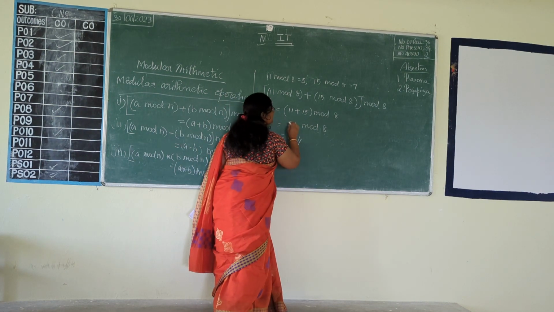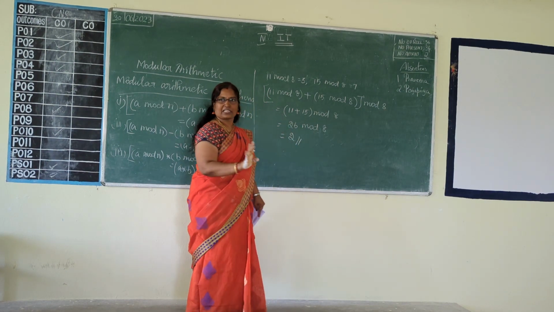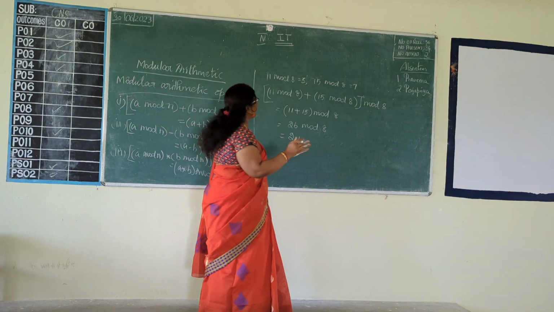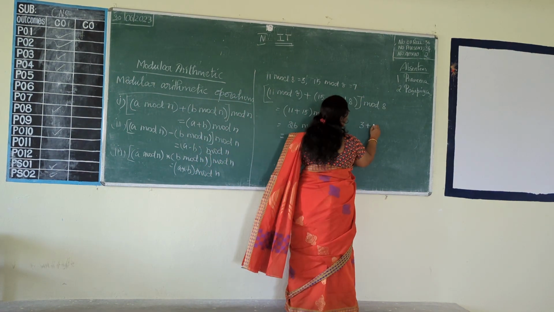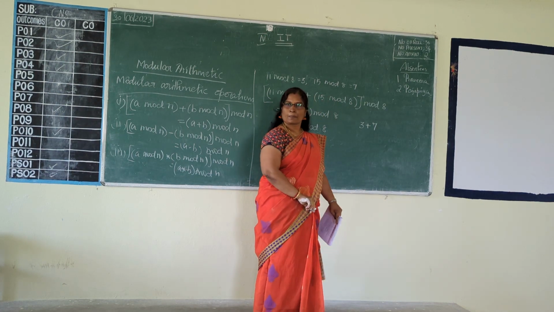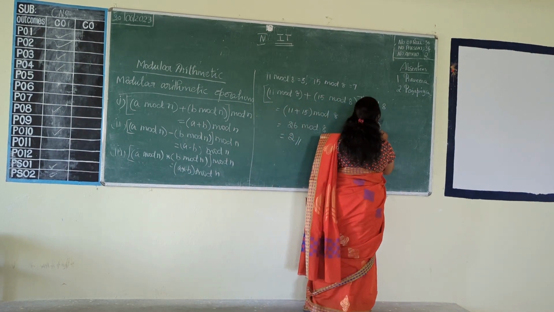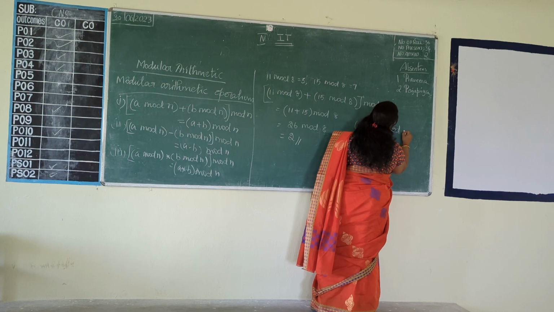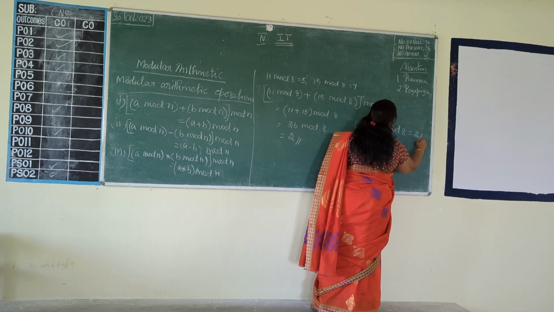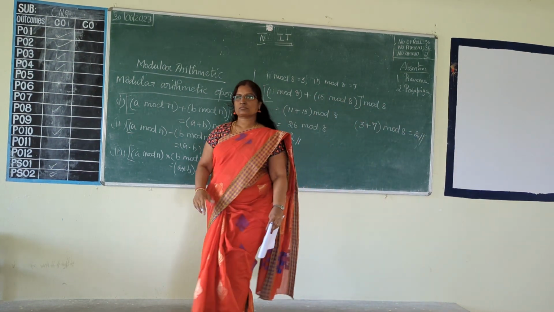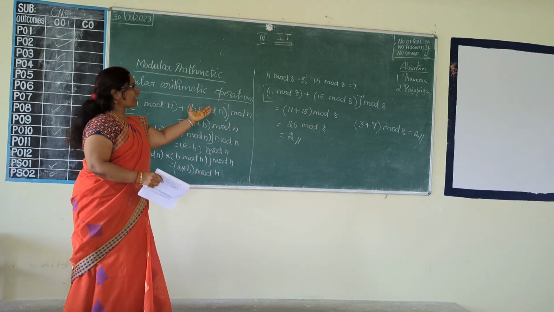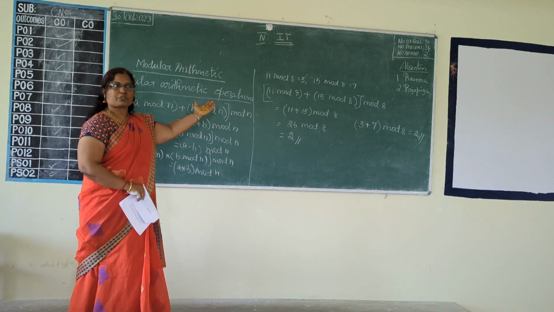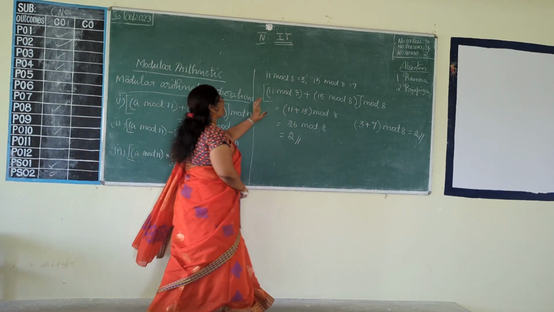So this is the answer I have found from the left hand side. On the right hand side, here I am having 3, here I am having 7. Correct? So 3 plus 7 mod 8 is equal to 2. So my property is right. I can use it. I have taken 2 different modular arithmetic expressions, and I know the value of this.